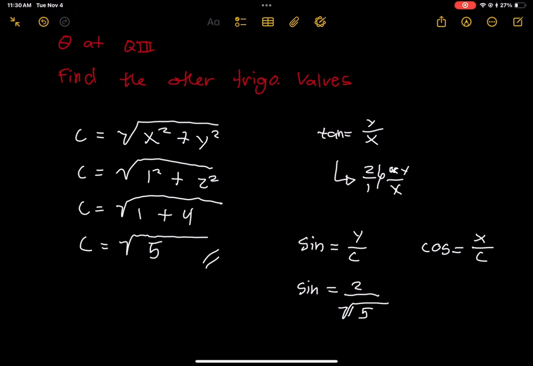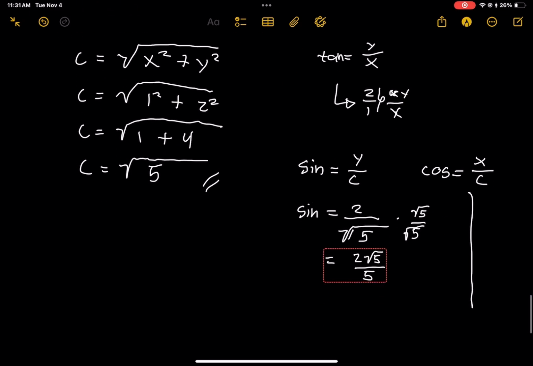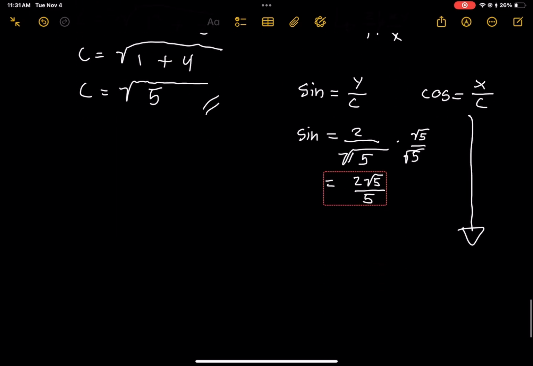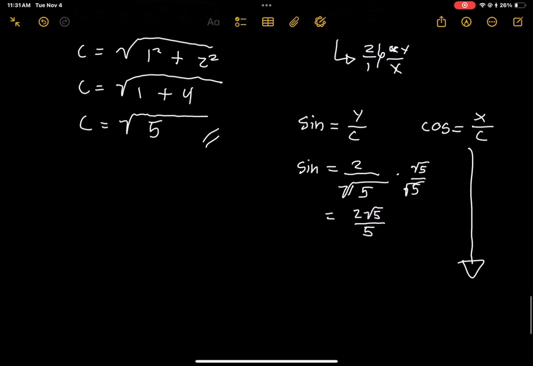We have a radical denominator, so we have to rationalize it by multiplying by square root of 5 over square root of 5. We will have 2 square root of 5 over square root of 5 multiplied by square root of 5, which is 5. So therefore, that is our value of sine.